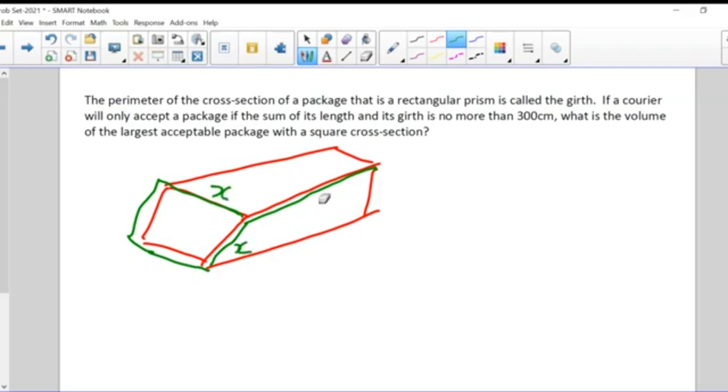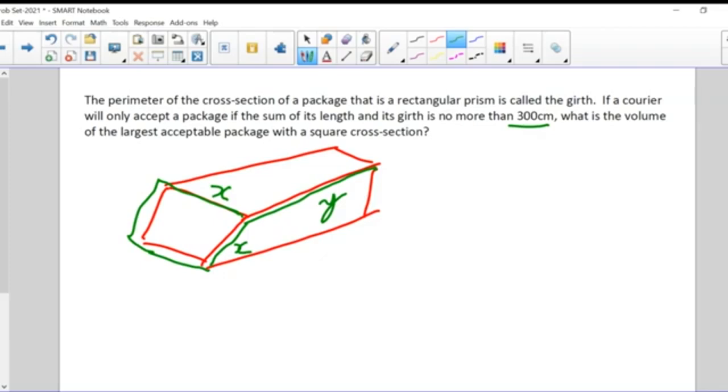And let's call this distance here y, right? So when you sum all of these distances around this square on the end, and you add that to this distance, the length of the package, 300 is the max, right?